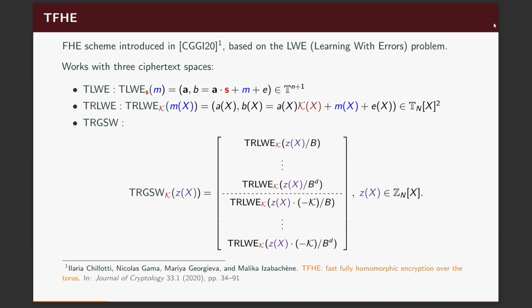The LWE ciphertext encrypts a torus element m and is actually an n+1 dimensional vector of torus elements. The ring LWE ciphertext encrypts a torus polynomial, and the ring GSW ciphertext encrypts an integer polynomial c(X). But in practice, they usually just encrypt a single integer, just like s_i, the secret key of the user.